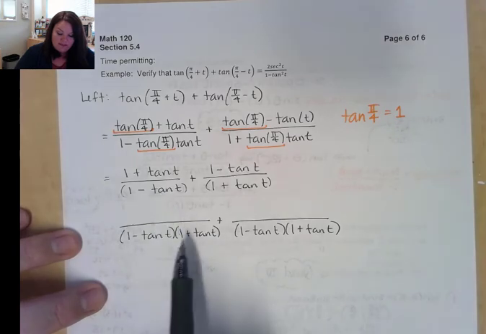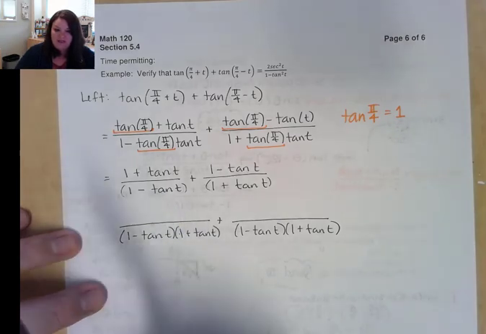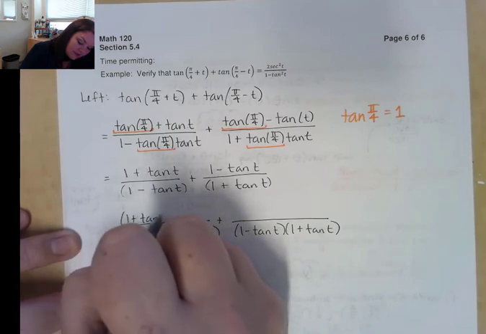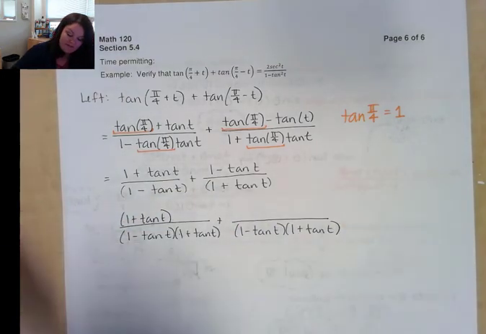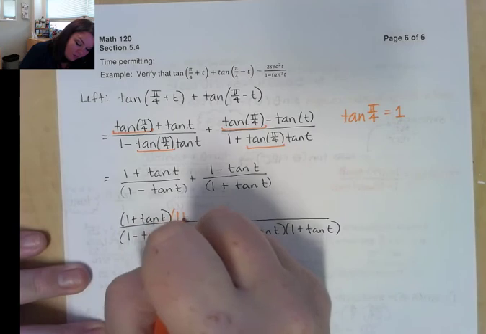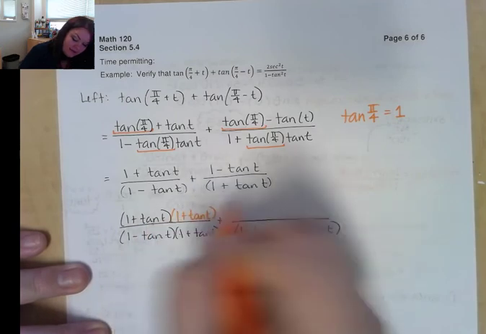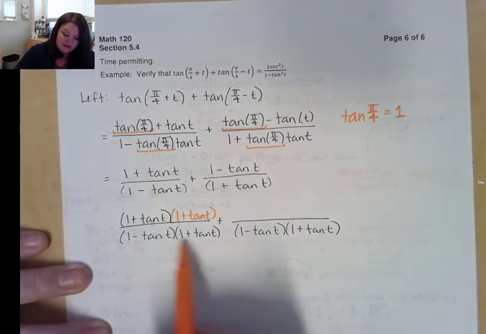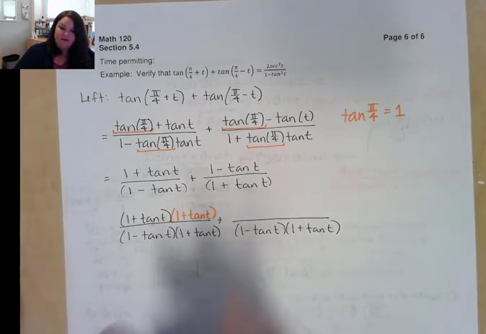This one is missing the 1 plus tangent t. So I have the 1 minus tangent t that was already there, but then I would have to multiply by 1 plus tangent t on top and bottom, right? In order to get this denominator that I need.